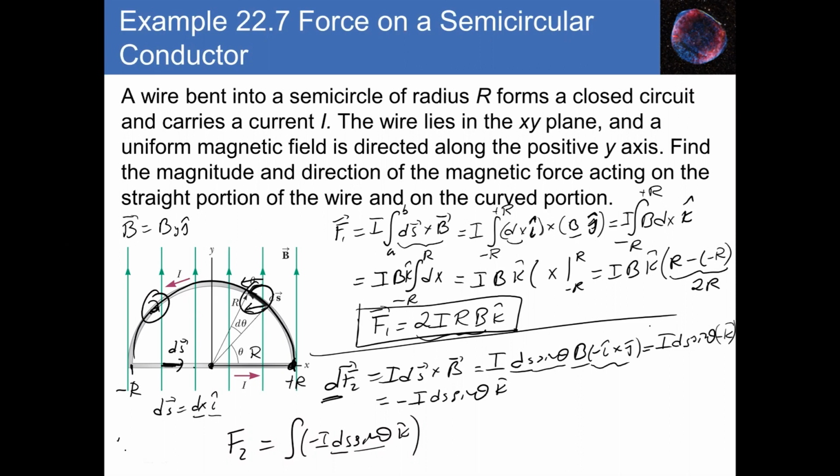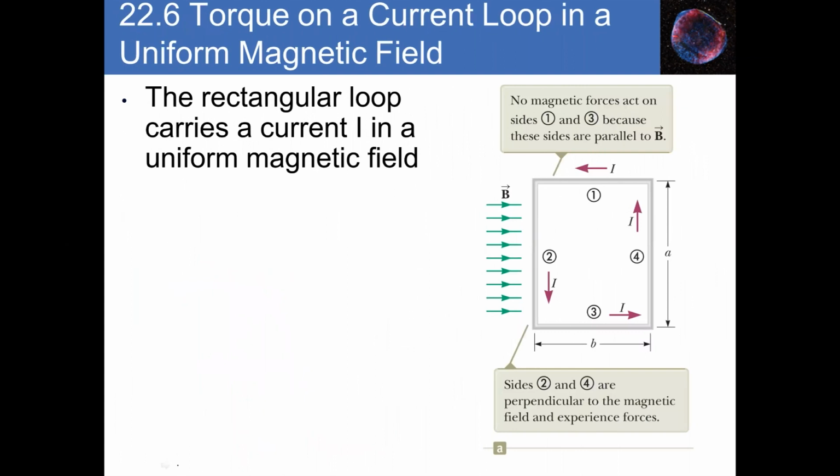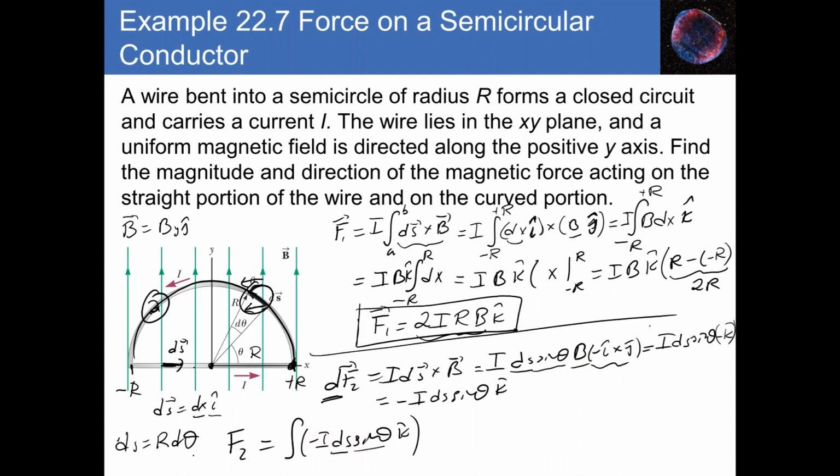I can say that ds is equal to r times d theta. Remember, this is just the arc length: arc length equals r times theta, and if you're doing ds, then this becomes d theta. So I'm going to replace ds with r d theta.